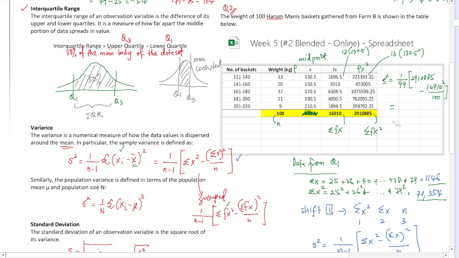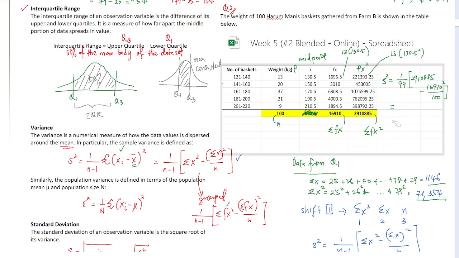Is it correct? Let me write it again. 16910 squared divided by 100. Okay, correct.